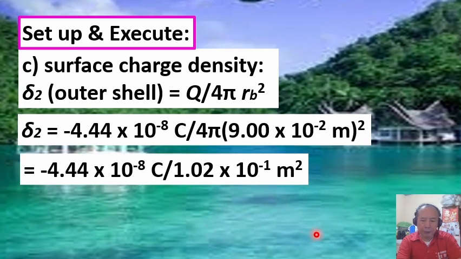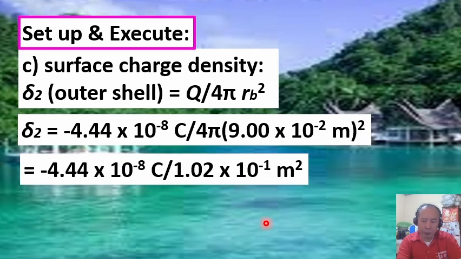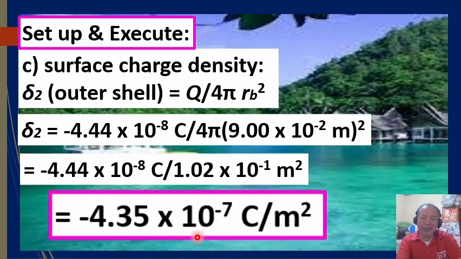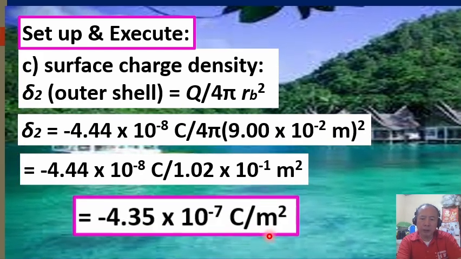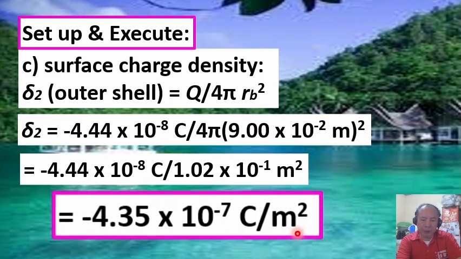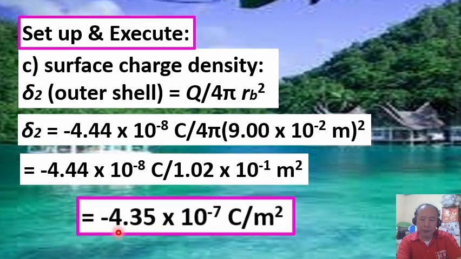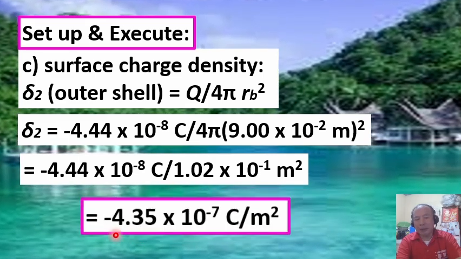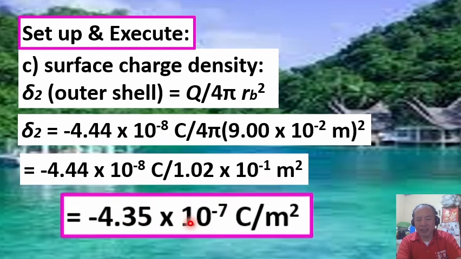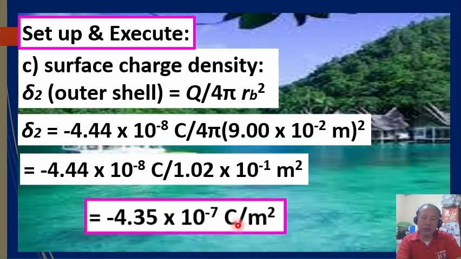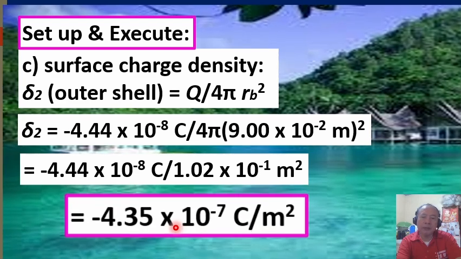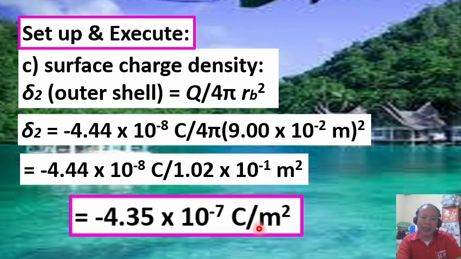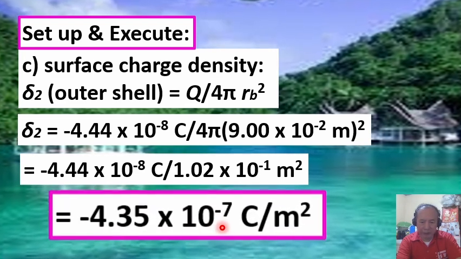So finally, we arrive at the value of delta sub 2 equal to negative 4.35 times 10 to the negative 7 coulomb per meter squared. All right. The surface charge density is also negative, right? Because the sign of the charge big Q is negative, meaning the surface of the outer shell has negative charges.